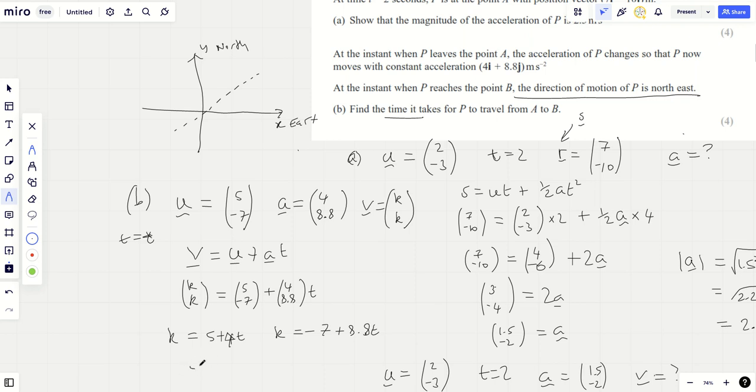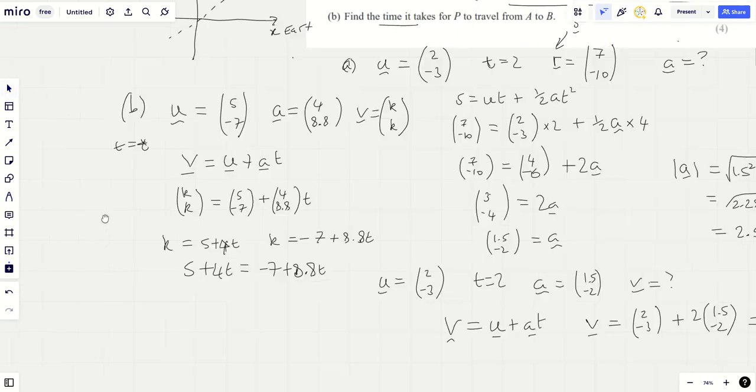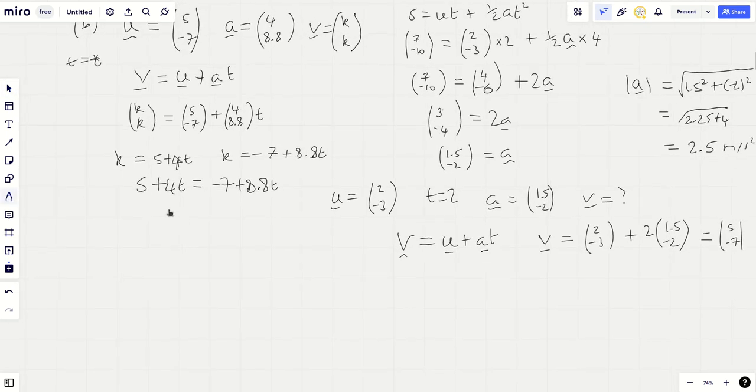Equating them both, I get 5 plus 4t equals minus 7 plus 8.8t. And I can solve that and I should have my answer. So let's quickly solve it. Put the 4.8 over here, put the 12 over here, and 12 divided by 4.8, isn't that 2.5? I think that's 2.5 seconds. And that's the end of the question.